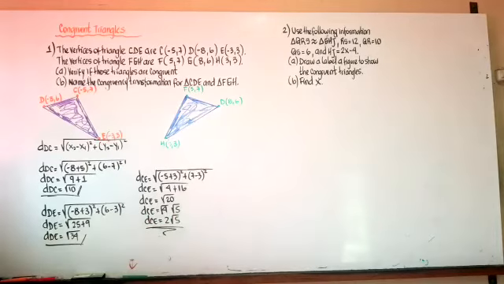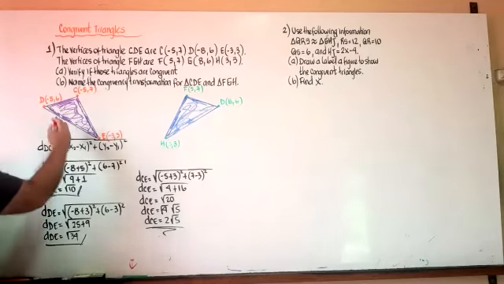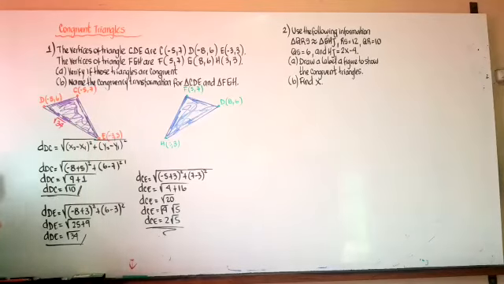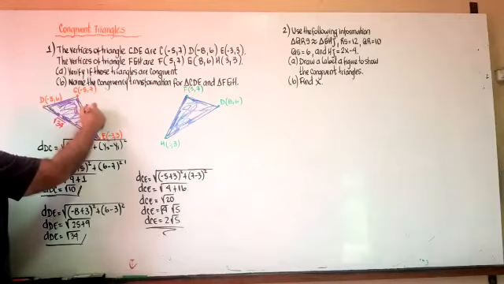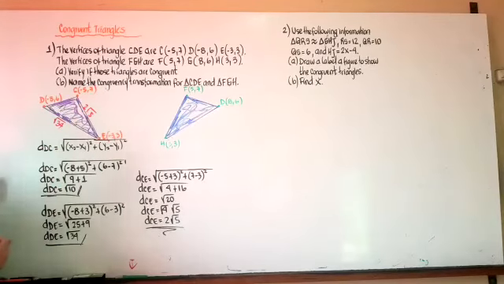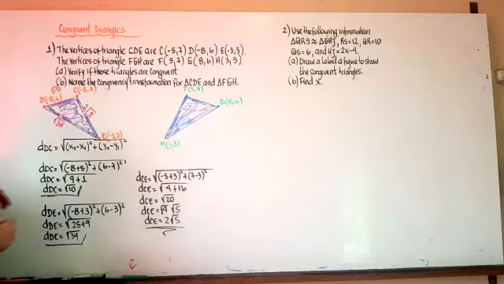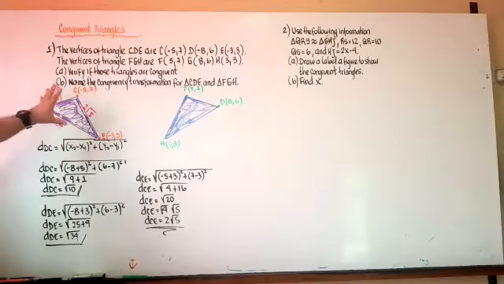Okay, and we got the measures of this triangle. Remember, the measure between D and E is square root of 34. The measure between C and E will be 2 square root of 5. And obviously this one will be square root of 10. These are the measures of the first triangle.